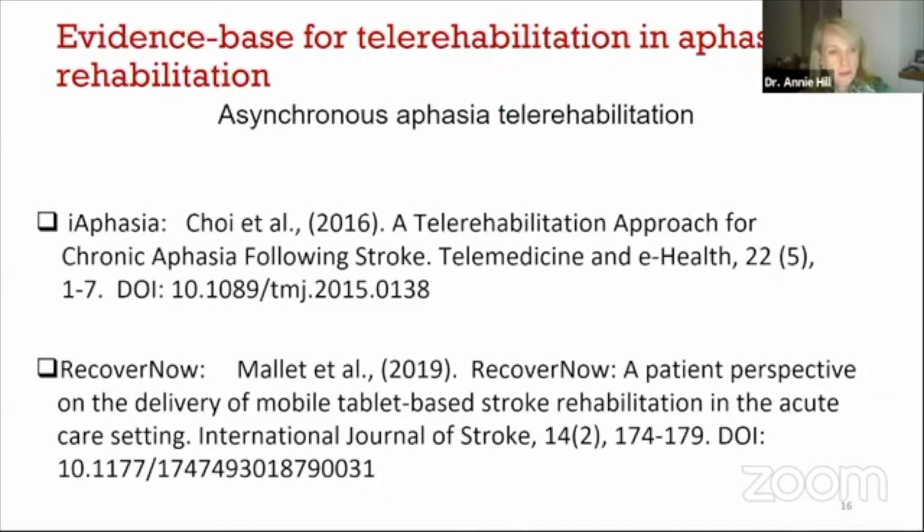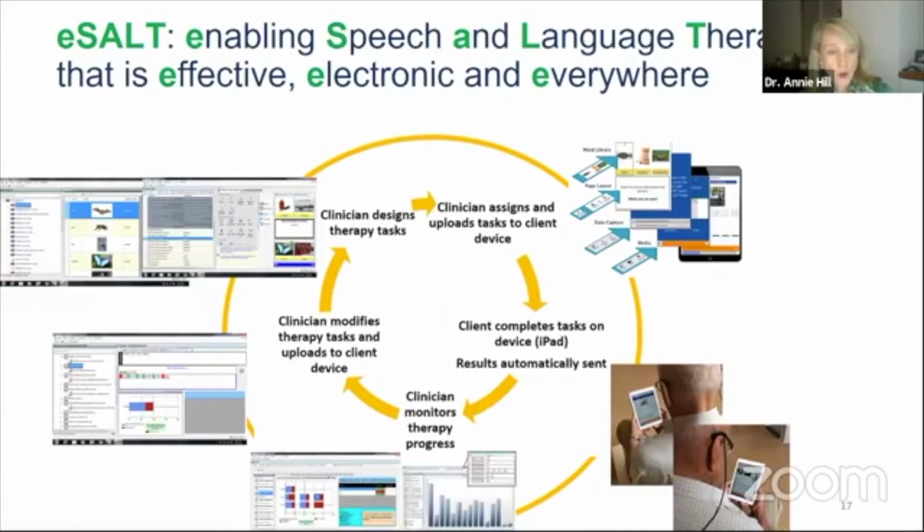I've been developing a system which is very open, so it allows the clinician to design therapy tasks, and we're trying to expand that to be any type of therapy task. So you can import images, video, audio files, audio cues, video cues. The clinician designs those tasks, and indeed they build up a bank of tasks.